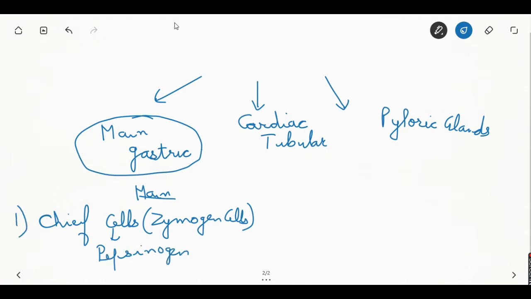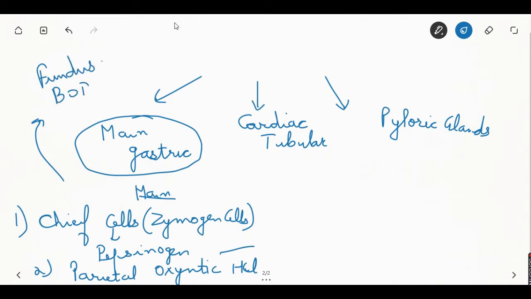Second, they contain the parietal cells or oxyntic cells that secrete HCl. For your exam, remember that the parietal cells or oxyntic cells that secrete HCl are present in the fundus and body part, and chief cells, zymogen cells, secrete pepsinogen.